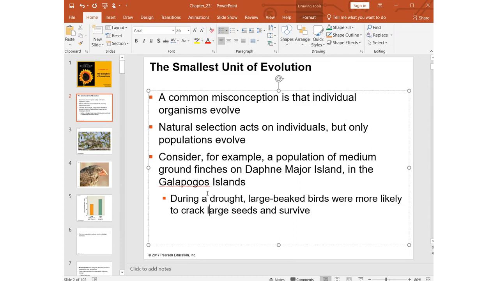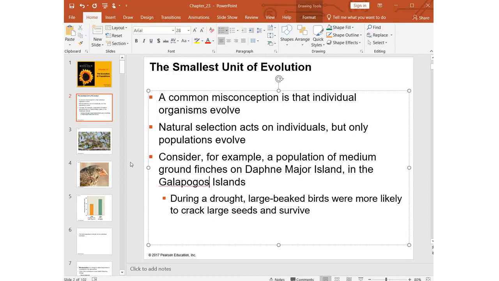And remember, the finches in the Galapagos Islands were one of the things that Darwin observed when he was making all his observations on his voyage in that ship around South America, and pretty much going around the world actually.